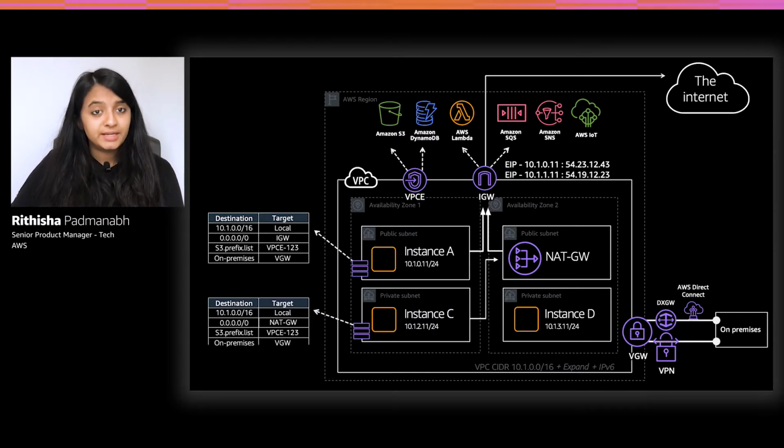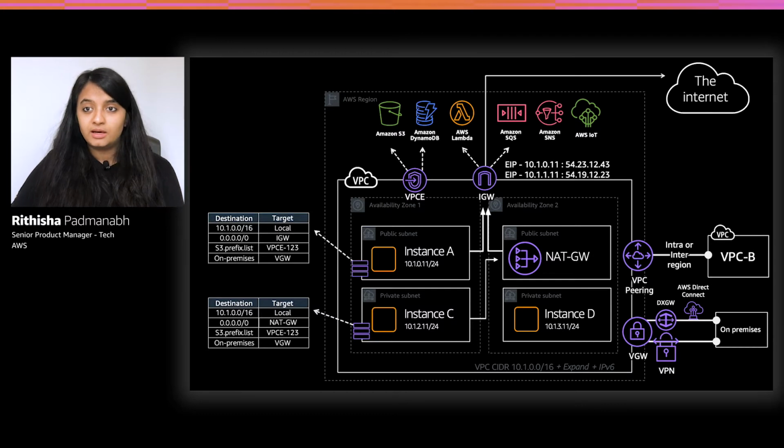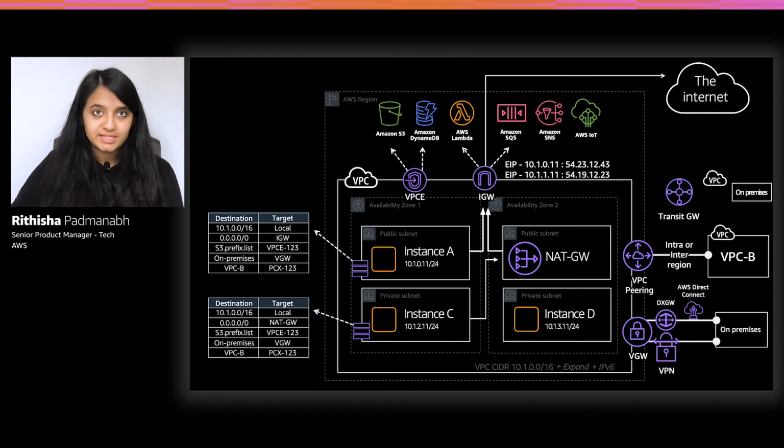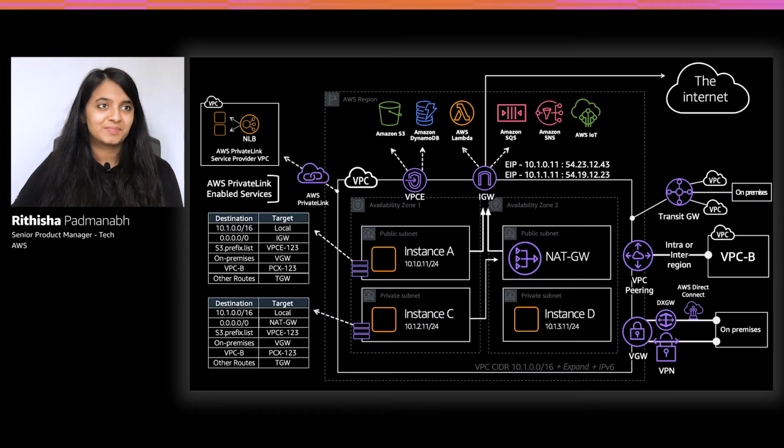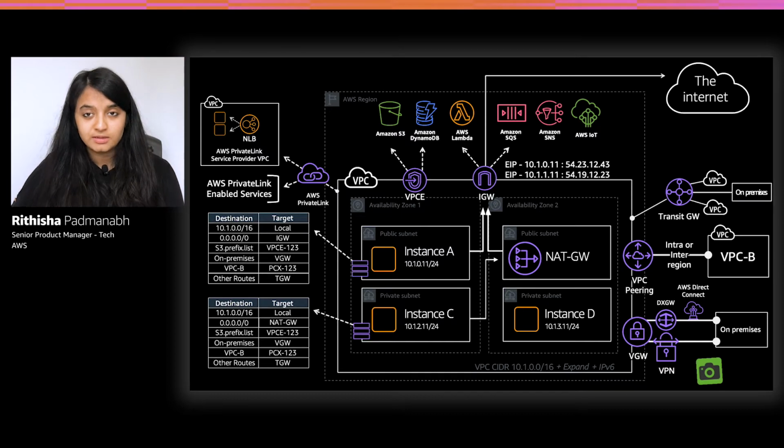You can interconnect your VPCs using VPC peering or transit gateways. And finally, you also have your PrivateLink enabled services. So as a customer, you have this many components to actually deal with. So it is of utmost importance that you know how to monitor and troubleshoot your network.